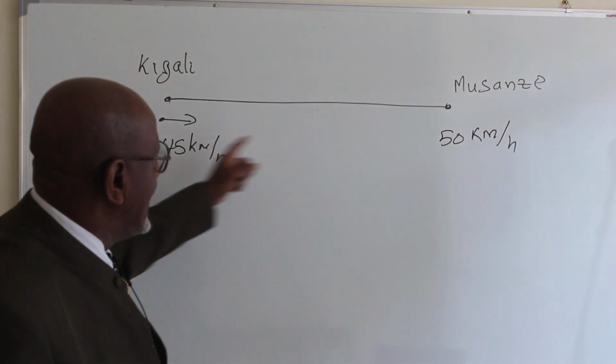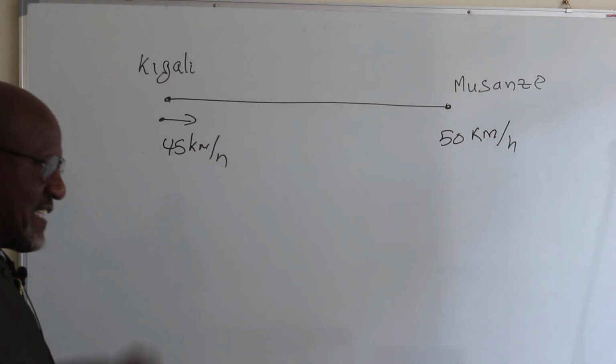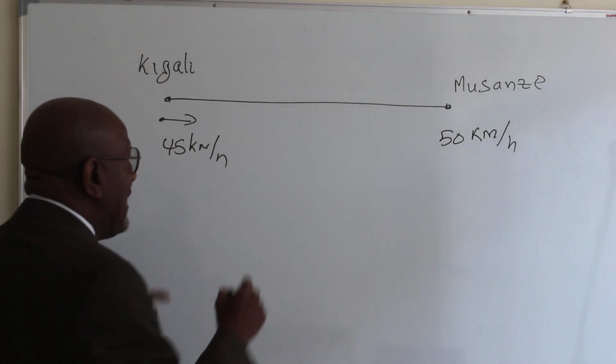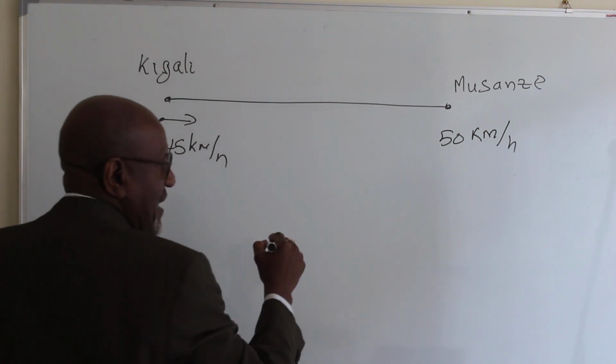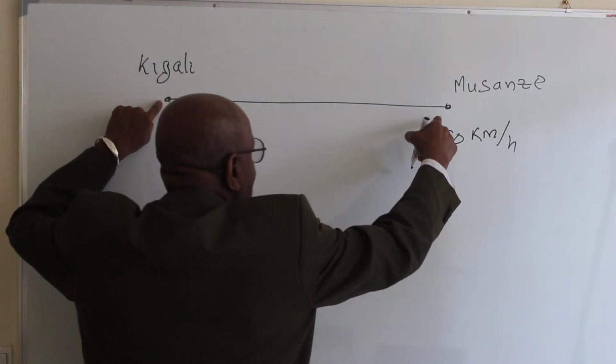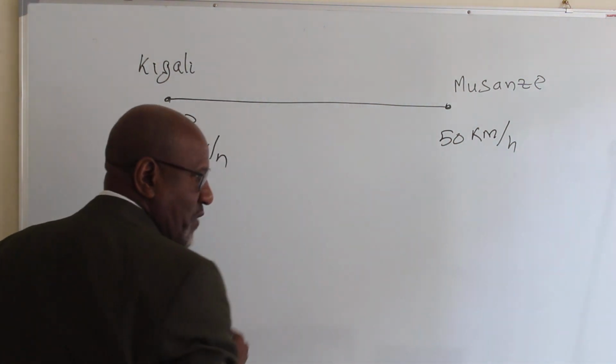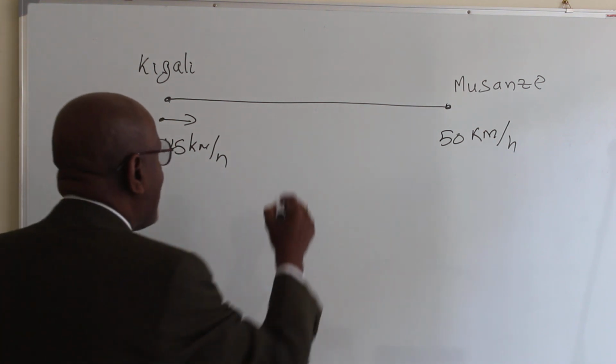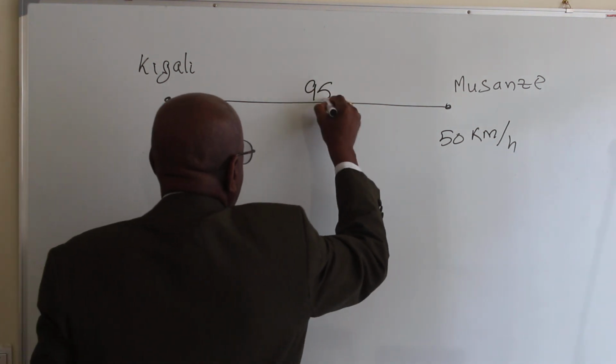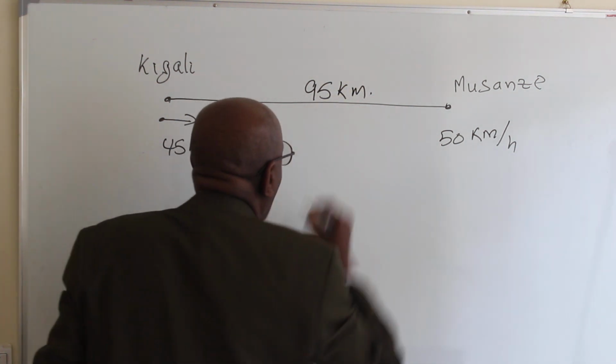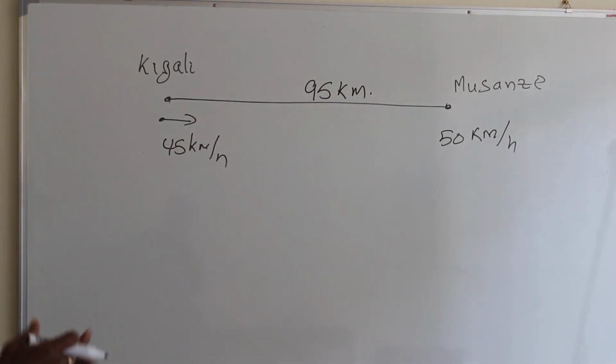We assume that they travel the same road, and the distance between the two cars, or between Kigali and Musanze, is in our problem 95 kilometers. And we want to know when and where they will meet.